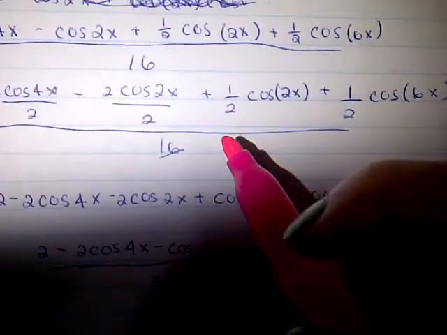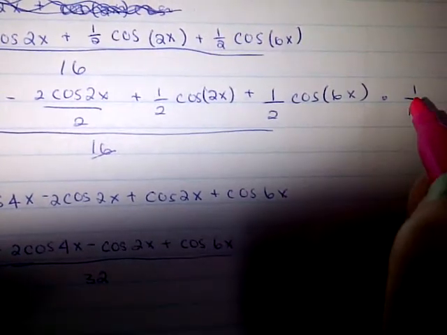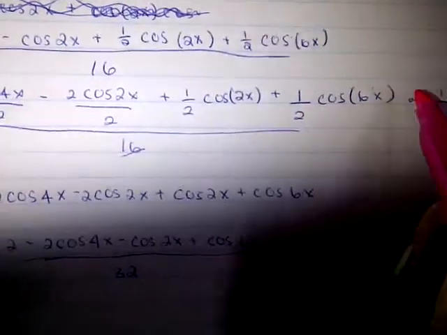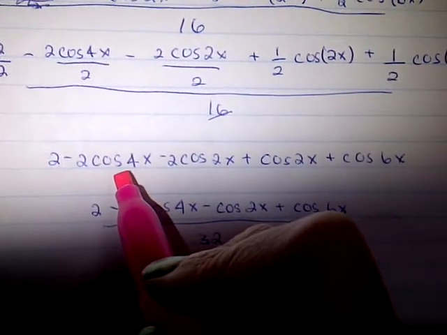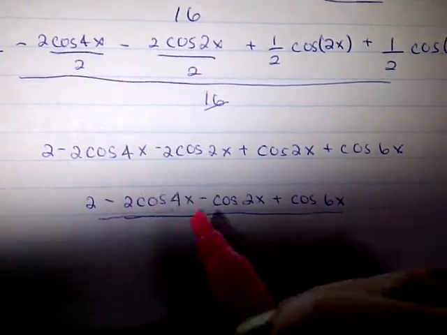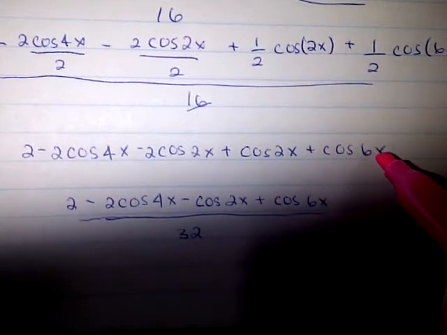Then you're going to multiply by the reciprocal of 16, so 1 over 16. So you multiply the whole numerator, and you'll get 2 minus 2 cosine 4x minus 2 cosine 2x plus cosine 2x plus cosine 6x.